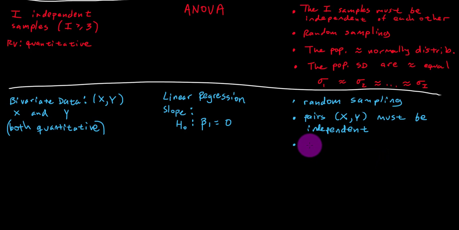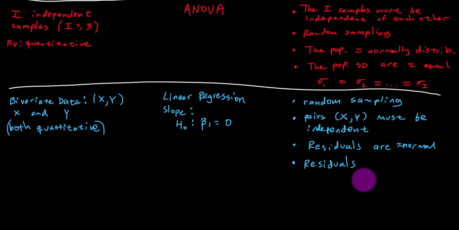Just as before, there is a normality requirement, but it is applied to the residuals. Residuals are approximately normally distributed. Lastly, because we are working with linear regression, linear models, it's required that the data itself follows a linear relationship.